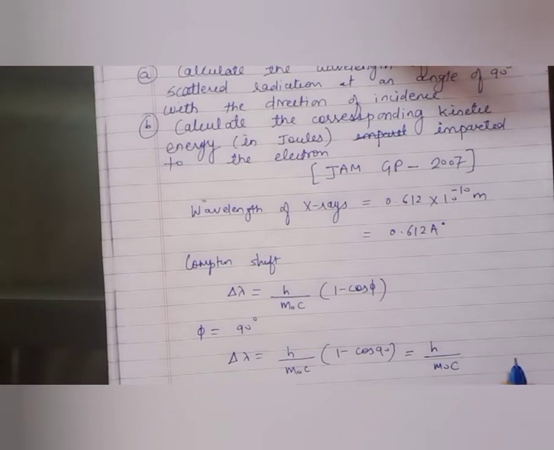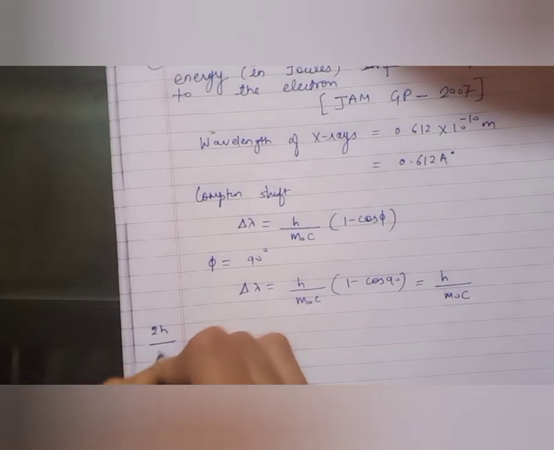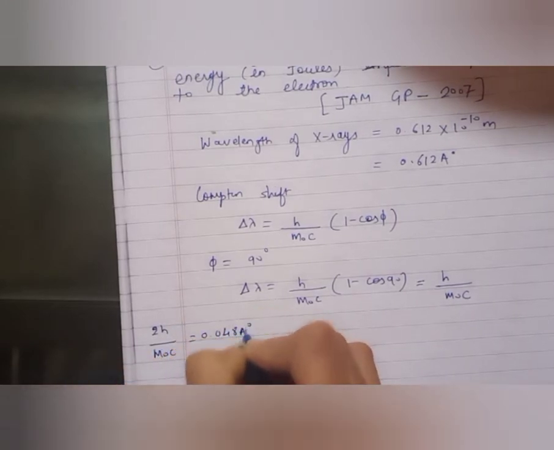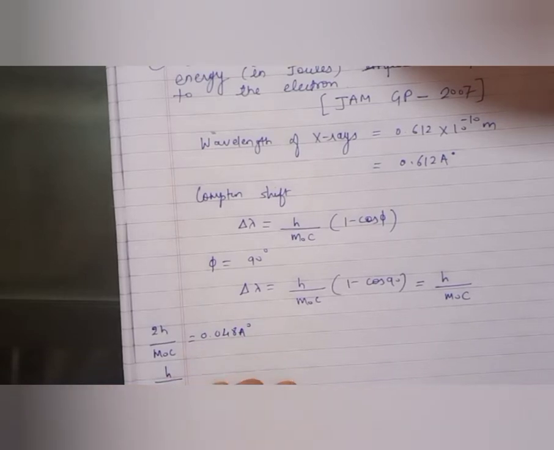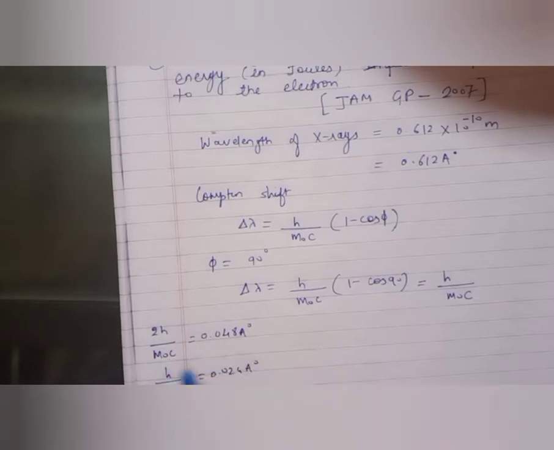1 minus 0 is 1. Last time also I asked you to remember this value, h upon m0c. Last time we have seen that 2h upon m0c comes out to be 0.048 angstrom. Therefore h upon m0c will be just half of this, 0.024 angstrom.